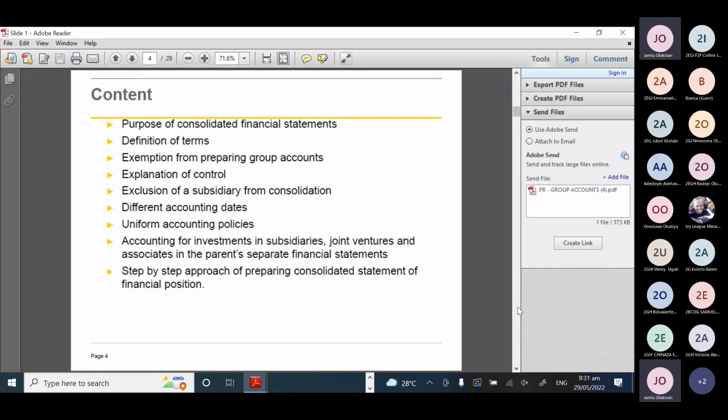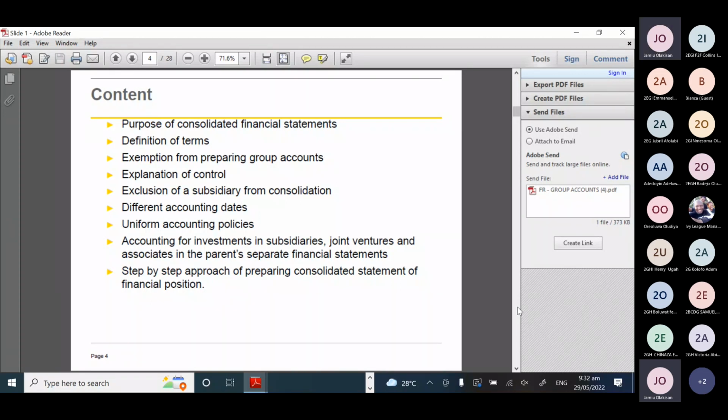Thereafter, we looked at all necessary adjustments, intra-group adjustments, adjustment for intra-group balances.